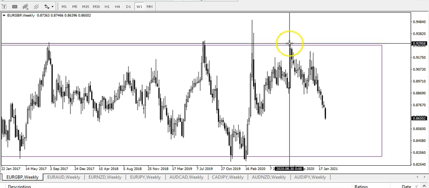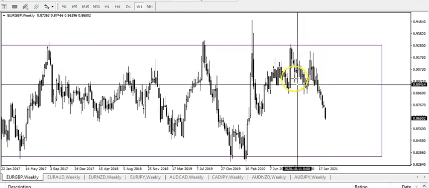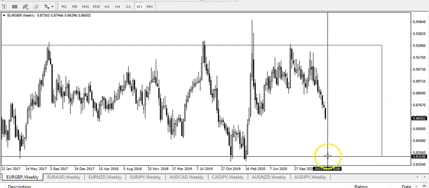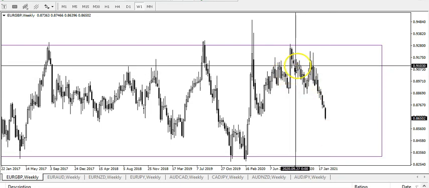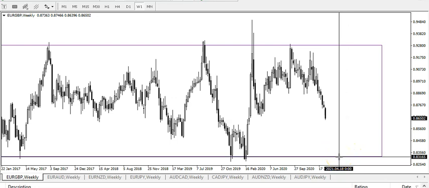Price retested the previous high of the range, and since then it's been moving downward. So I suspect price will be moving lower and lower, and my next target is going to be around the 0.31 level, which is the bottom of the range. So that's my target.